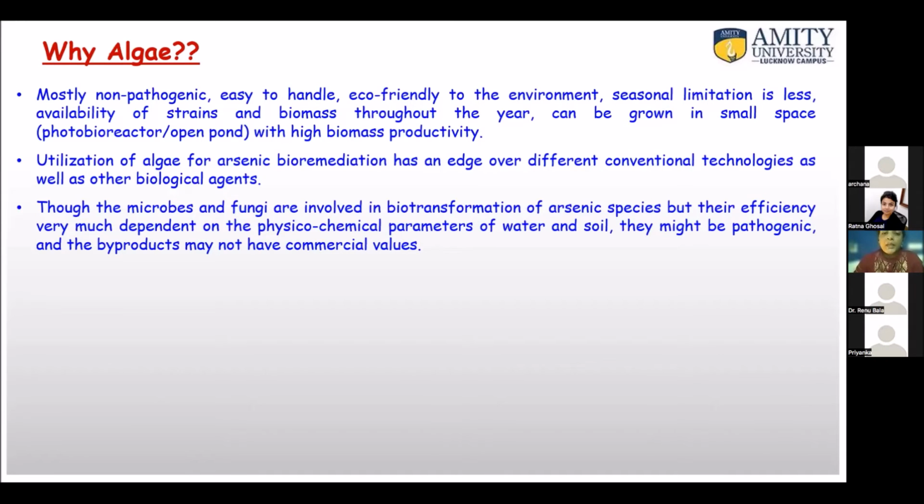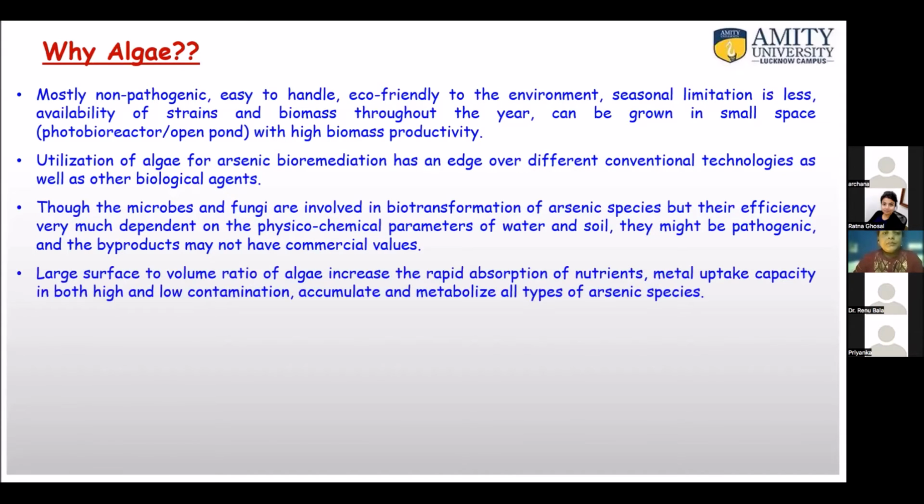But for algae, we will get the byproducts, the biomass we will produce, maybe can be utilized for other purposes, and also they are mostly non-pathogenic. And they have large surface to volume ratio so that it can rapidly absorb the nutrients, metal uptake capacity in both high and low contamination, accumulate and metabolize all the types of arsenic species present in the water or in a soil.